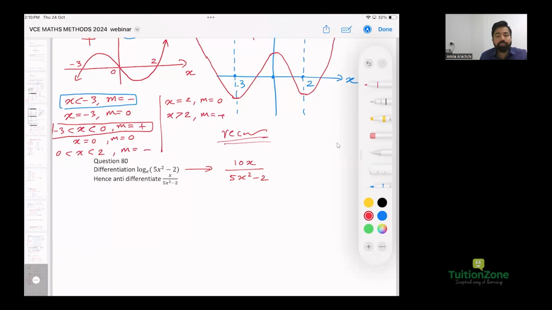Is that true? Just tell me if you didn't get it, but that's a chain rule. 10x over 5x squared minus 2. So this is the differentiation.